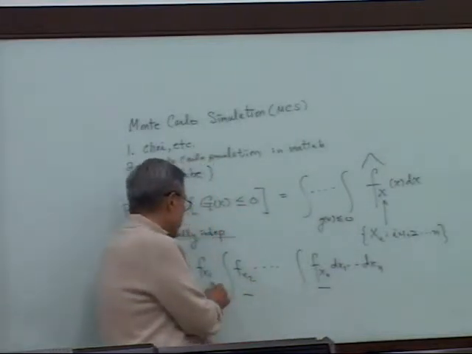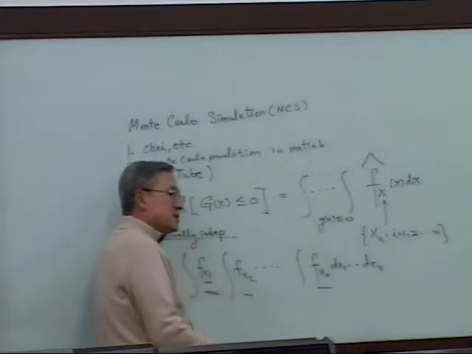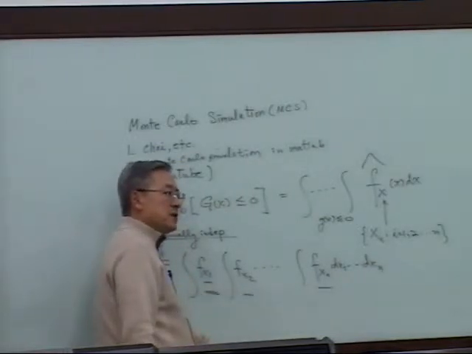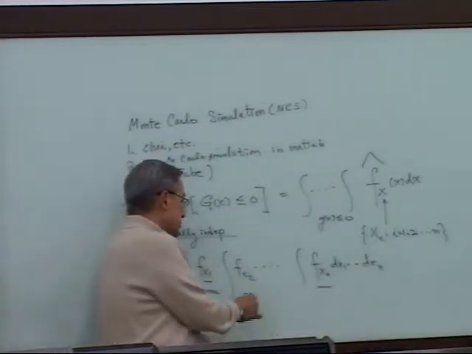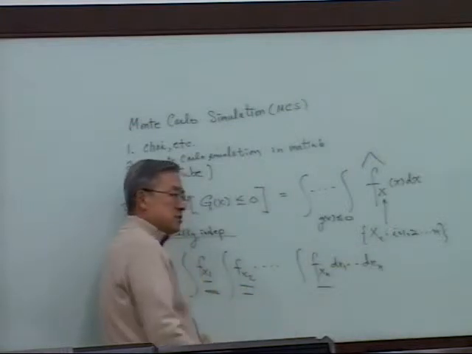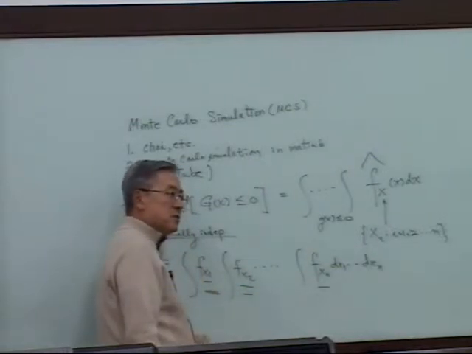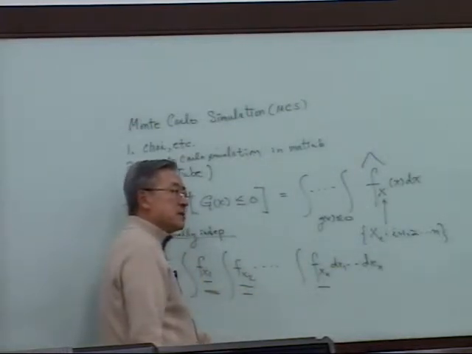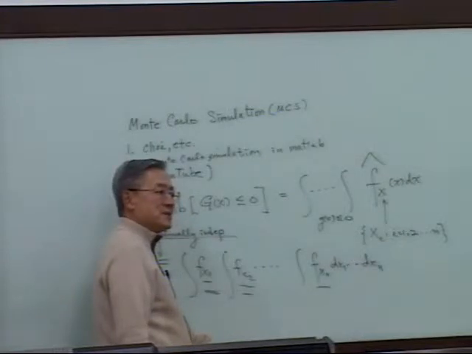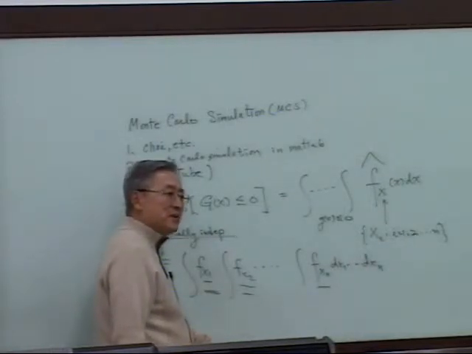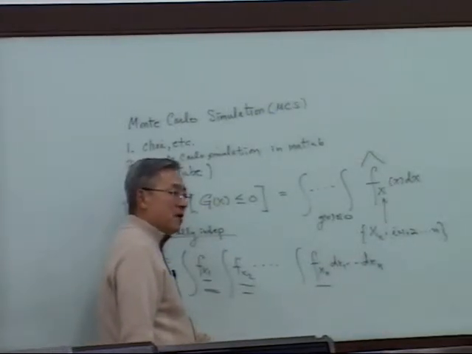But if this follows a distribution other than normal, let's say this is a log normal distribution, this is like an exponential distribution and so on, then it's a problem. You can't simplify it. So in that situation, the Monte Carlo method is powerful.